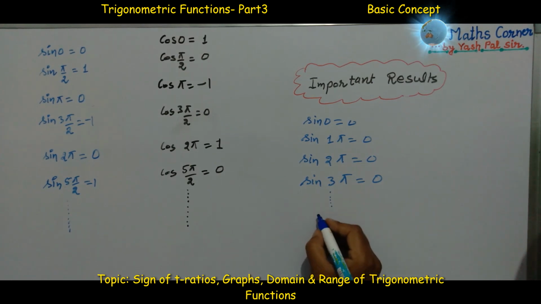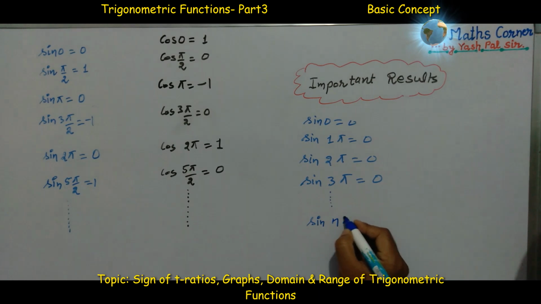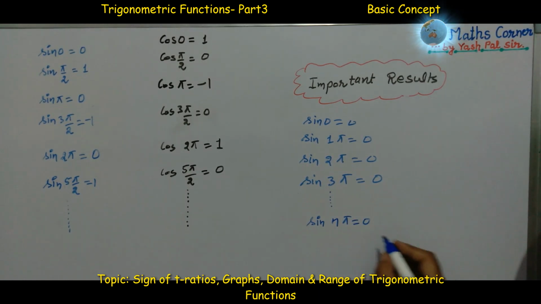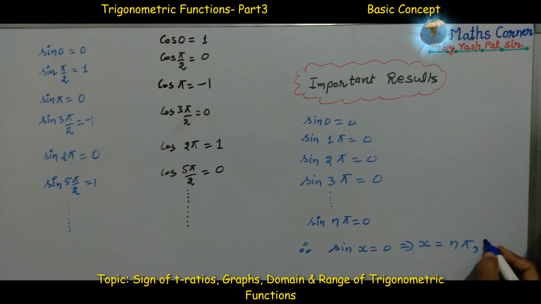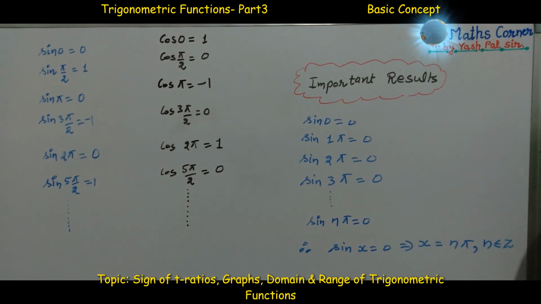Lastly, the conclusion is sine n pi is 0. So we can say sine x is equal to 0 implies x is equal to n pi, where n belongs to Z, meaning integers.